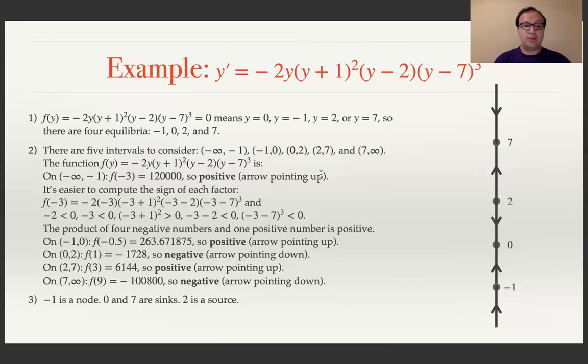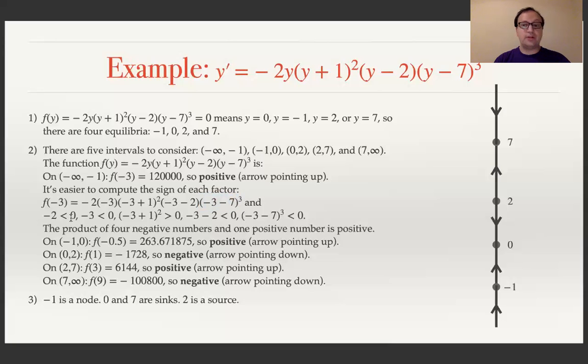But instead of computing these very large numbers, another thing we can do is compute the sign of each factor, since f is given by a product, and then count how many minuses and how many pluses we have. So when we plug in minus 3, we get minus 2 times minus 3 times (minus 3 plus 1) squared times (minus 3 minus 2) times (minus 3 minus 7) cubed.